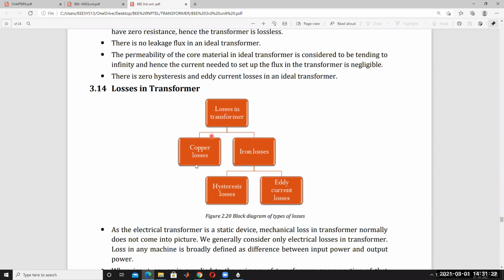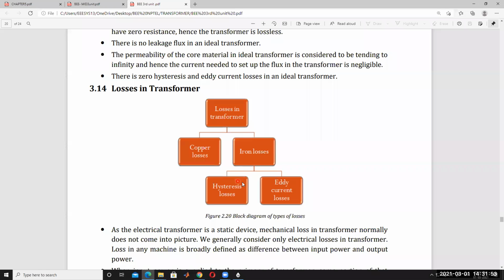Copper losses depend on load. If the load changes, the current changes, and then the I square into R losses change. That means copper losses are variable losses. The iron losses depend on hysteresis and eddy current loss.